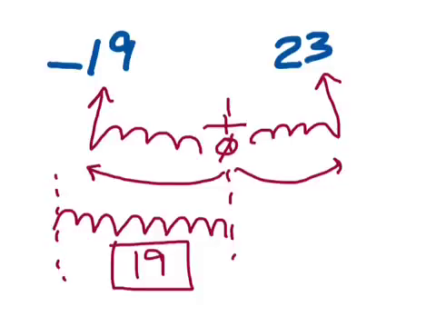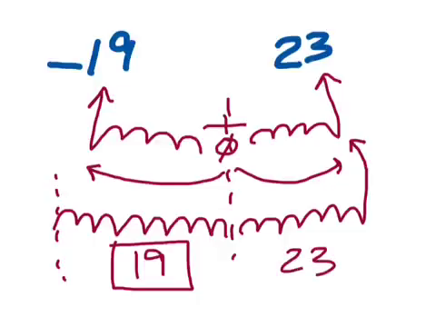In much the same way, if you start on 0 and take the number of steps it takes to get to 23, it takes 23 steps. So the absolute value of negative 19 equals 19.